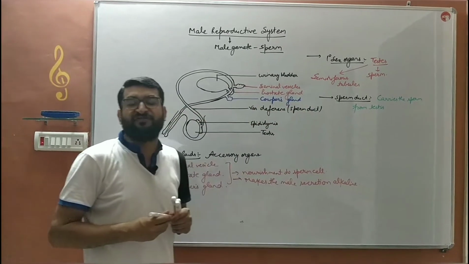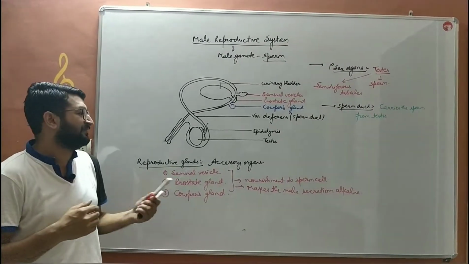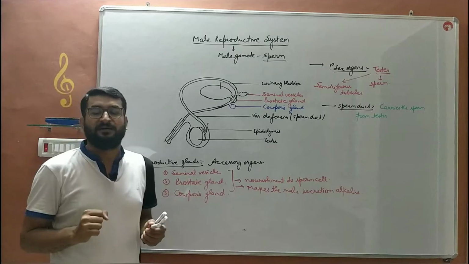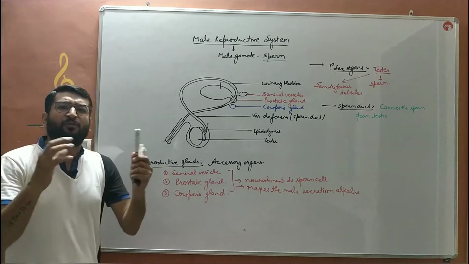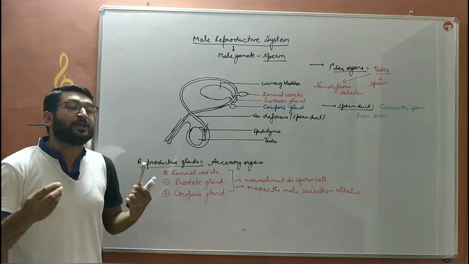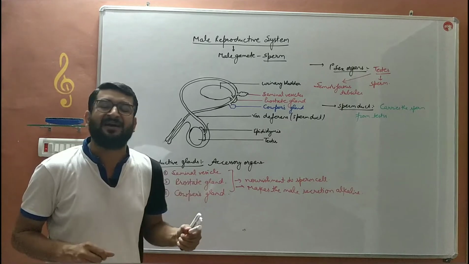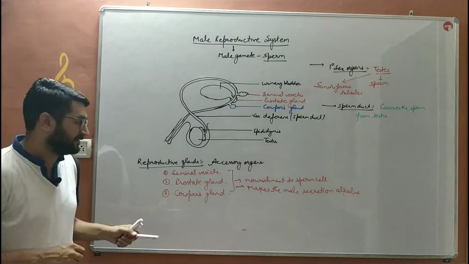The nutritive medium plus the sperm cell is collectively known as semen. That semen contains carbohydrates, fats, proteins and nutrients, so that the sperm cell can get energy for motion inside the vagina or the female reproductive tract.